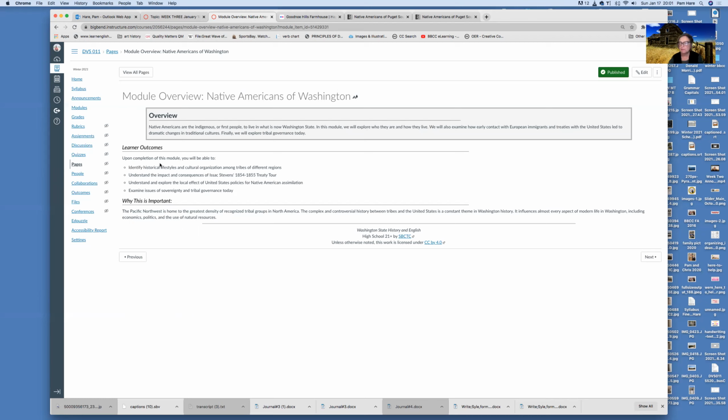What you have to know, and this is the student learning objective, the SLO, is that you will be able to identify historical lifestyles and cultural organizations among the tribes in different regions, understand the impact and consequences of Isaac Stevens and the treaty tour that he made, and understand and explore local effective United States policies for Native American assimilation.